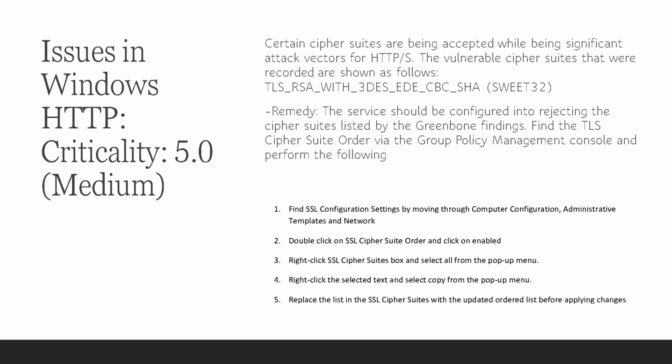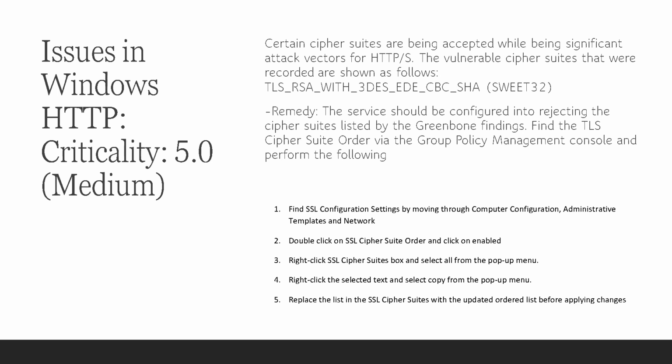And of course, like before, the remedy is to configure the service to list cipher suites that do not include any of the vulnerable cipher suites. To do this, we need to go to the Group Policy Management Console and find the TLS cipher suite order and perform the following.